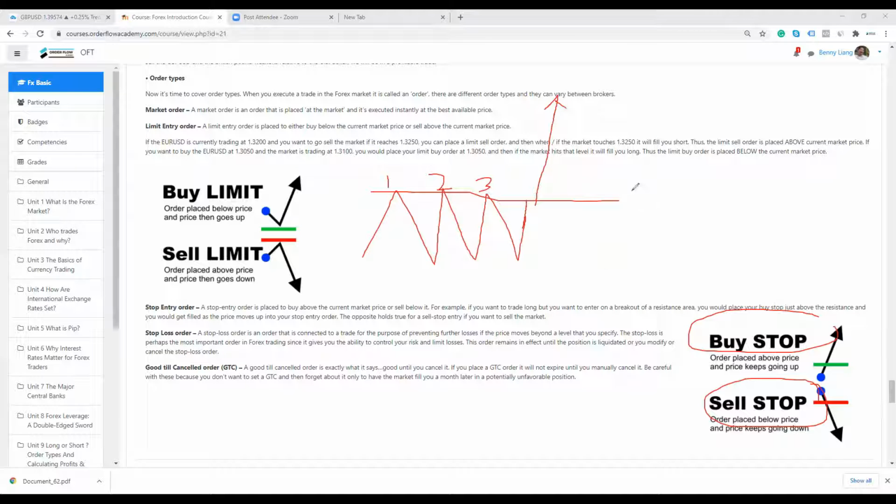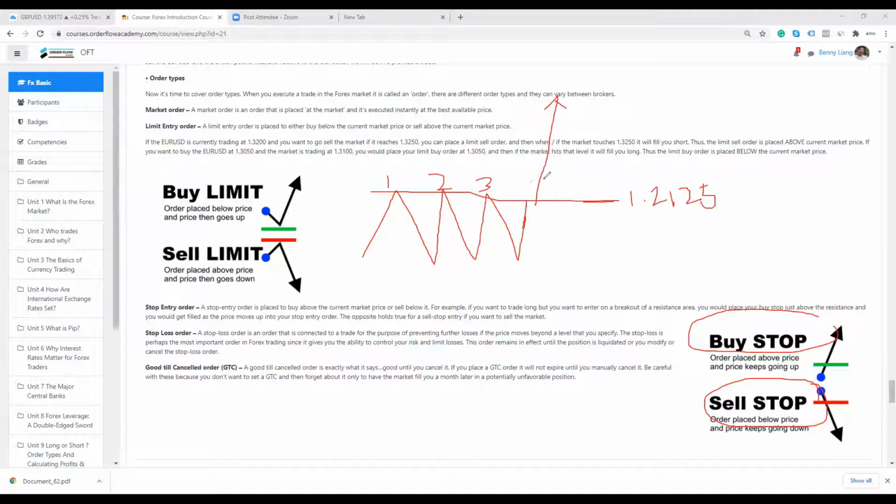Let's say this price is trading at 1.2125 again. Same example. This level is 1.2125. And this trader thinks that the price is likely to go up, break above that horizontal line, we call this resistance line, and then continue to go higher. And they are worried that they might miss the trade.